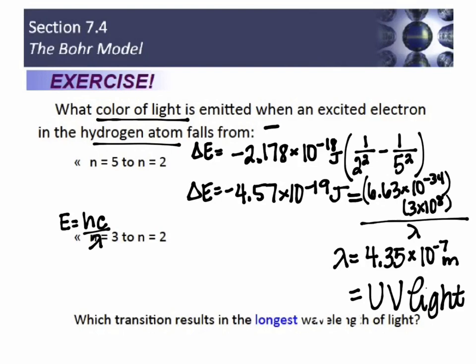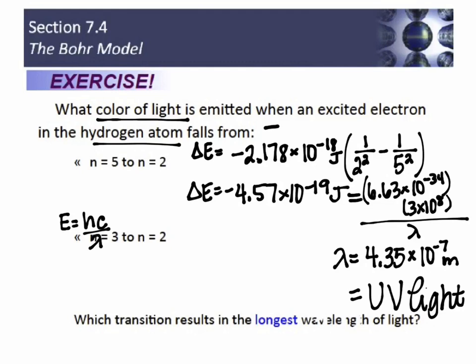No, visible. Yeah, I can't read mine. I think it's UV. Isn't visible from 4 times 10 to the negative 7 to 7 times 10 to the negative 7? So 4.3. I think it's right on the other side of ultraviolet.